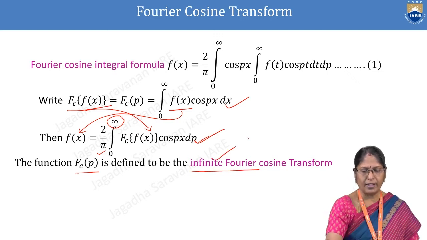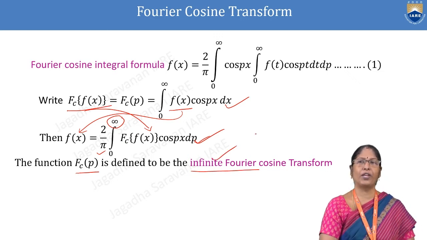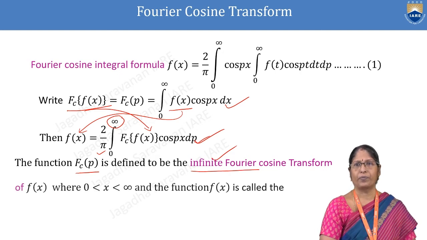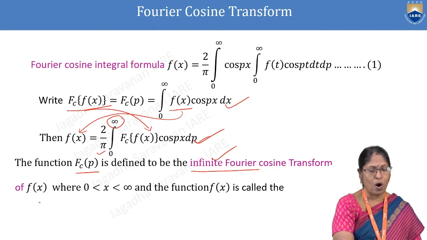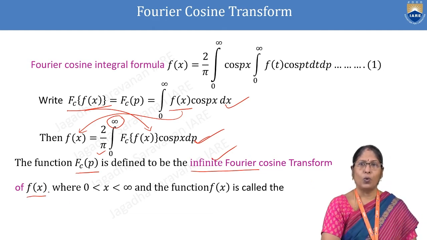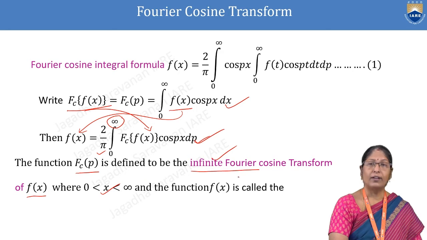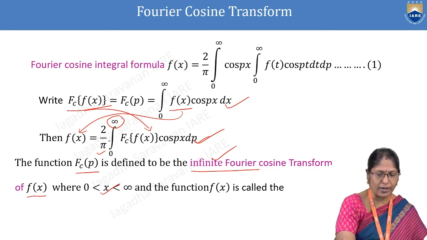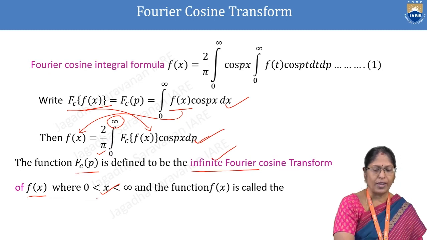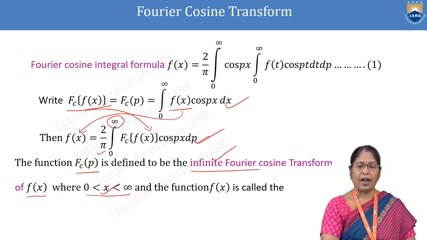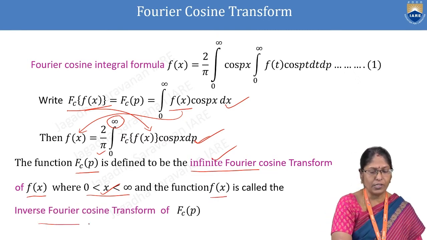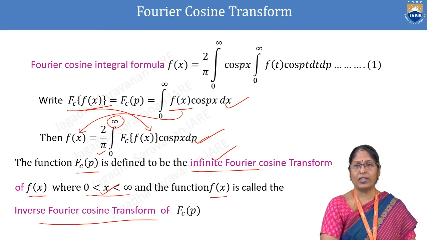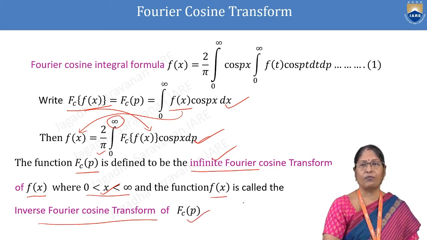So it is the infinite Fourier cosine transform of f of x, where x lies between 0 and infinity, which is why it is written as the integral from 0 to infinity. The function f of x is called the inverse Fourier cosine transform of Fc of p.